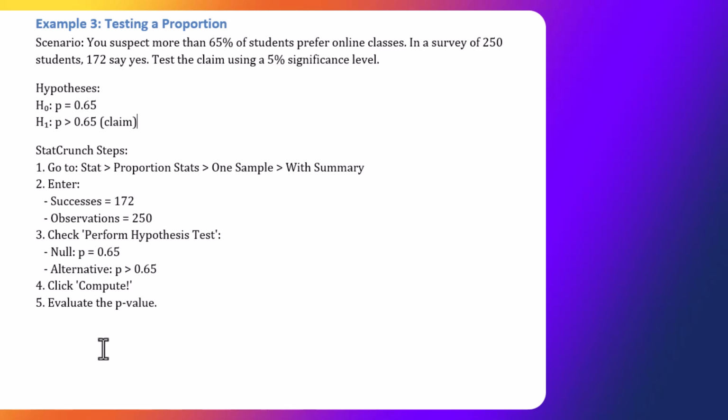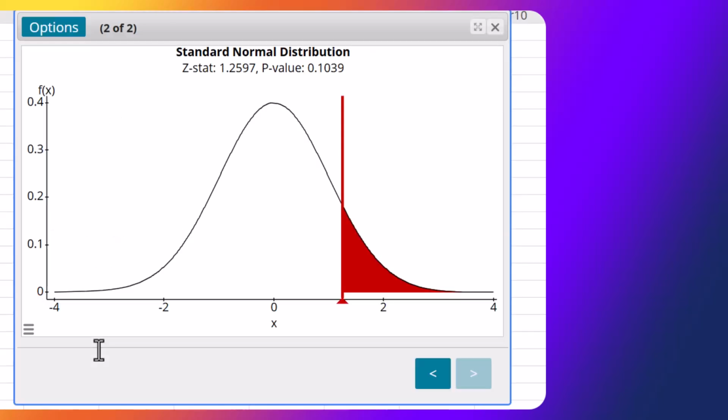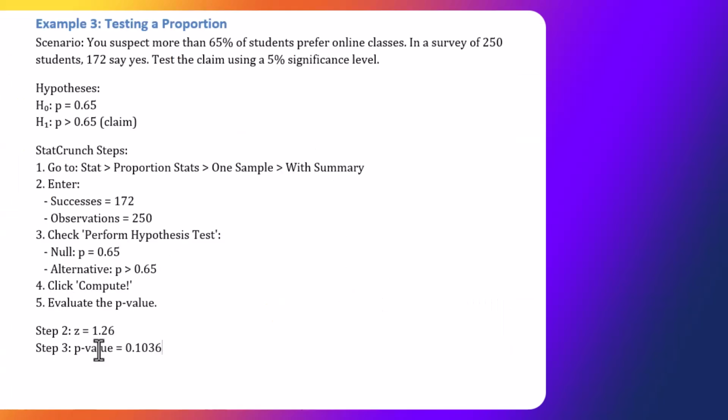Okay. So let me just write down the details. Step 2, Z equals 1.26. Step 3, p-value equals 0.1039, sorry.